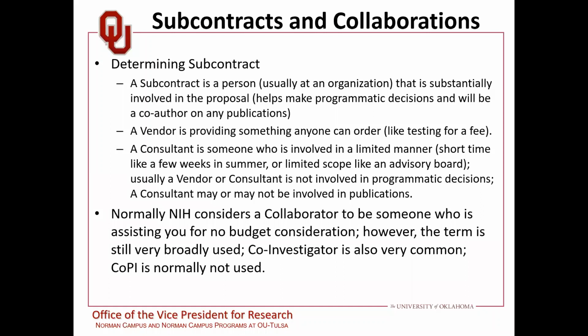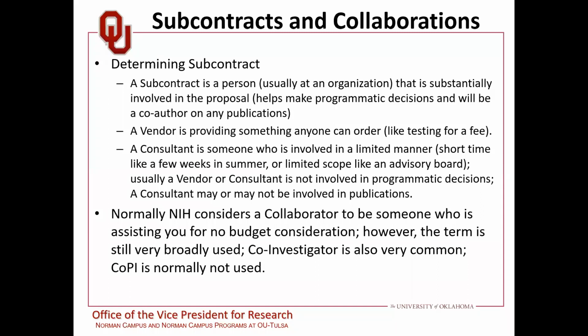A consultant is someone who's usually involved in a limited way, like for just a short period of time. Maybe they're just coming for a week or two in the summer to help do some tests or provide you some advice. Maybe they're going to be on some type of advisory board for you. Maybe they're going to be like an external evaluator. So those are some things we normally see consultants for. A consultant may or may not be involved in publication, so that would be up to you as the PI.